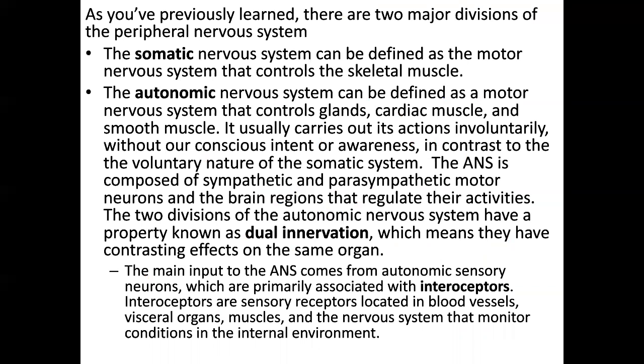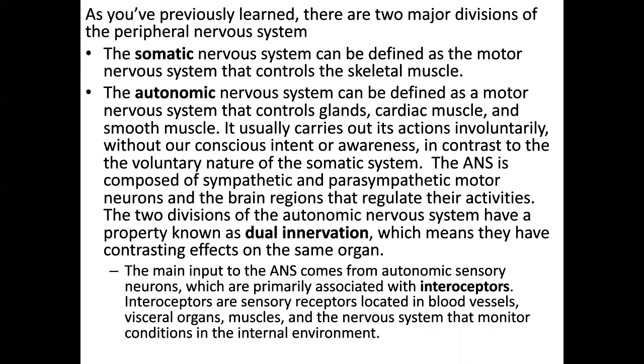As previously learned, two divisions of the peripheral nervous system are somatic and autonomic. And just a review of what we already know. Somatic is defined as the motor nervous system that controls skeletal muscle. Things like those reflexes that we just talked about involve the somatic nervous system.